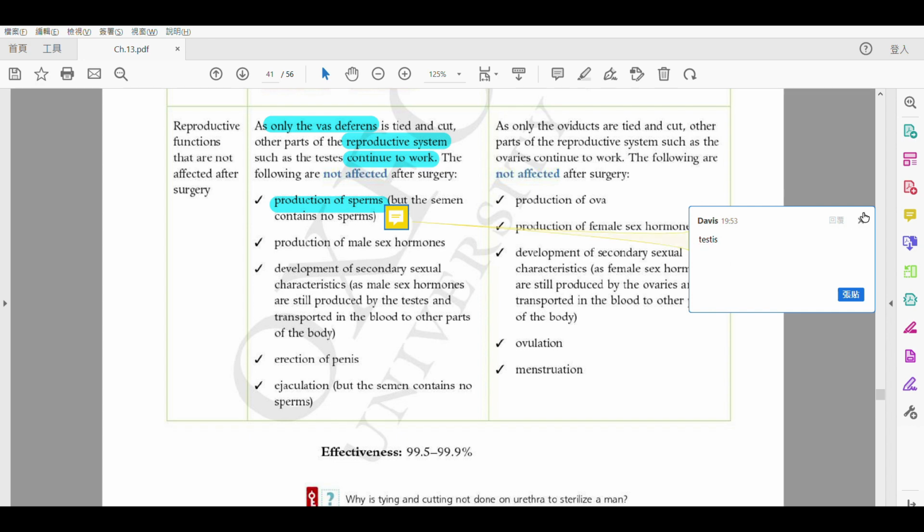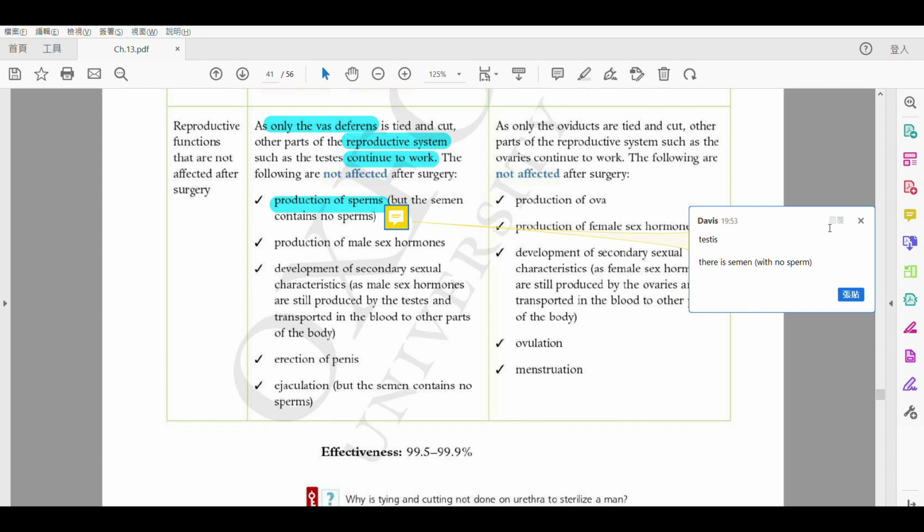Except that 另外一樣嘢啦, will there be semen? There will also be semen, except the thing is with no sperm. Okay?